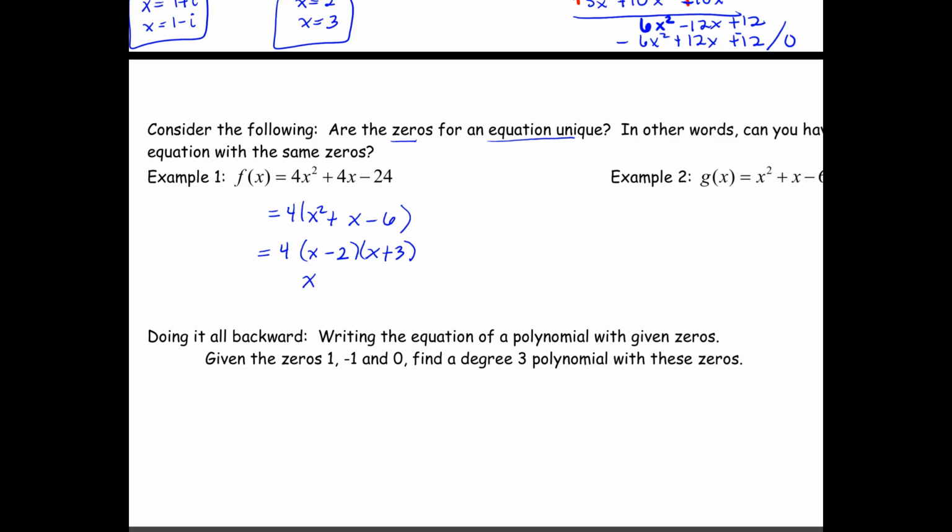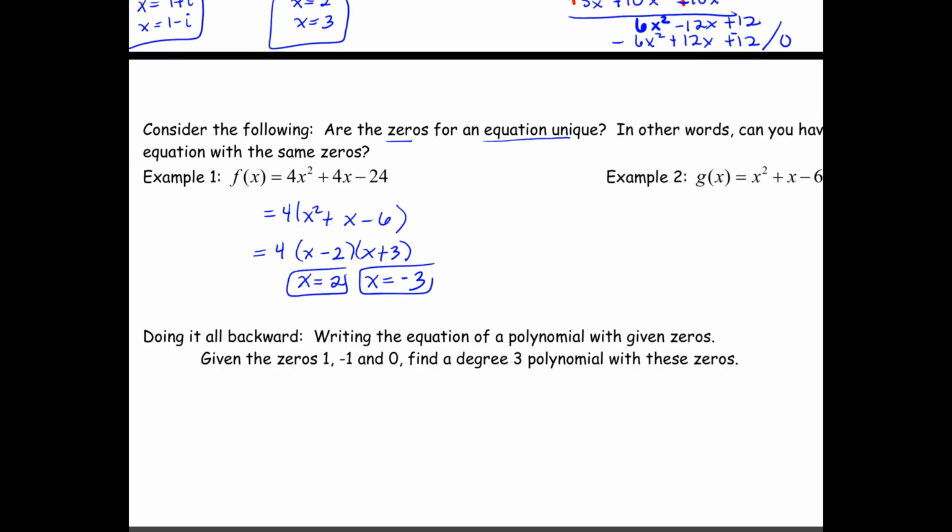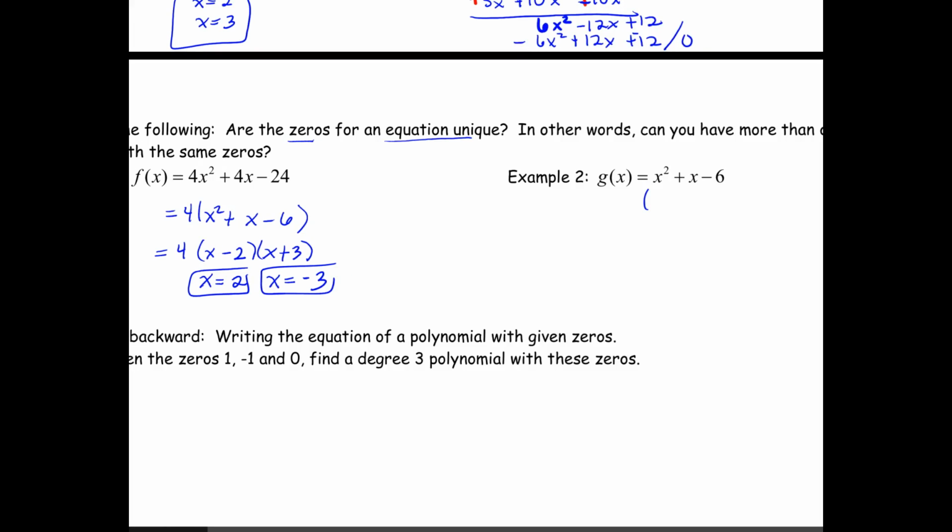And then what were my zero values then? 2 and negative 3. Now, if I found the zero values for example 2, I would get the same thing, right? x minus 2, x plus 3 would factor down into those pieces, so my answers would be x equals 2 and x equals negative 3.